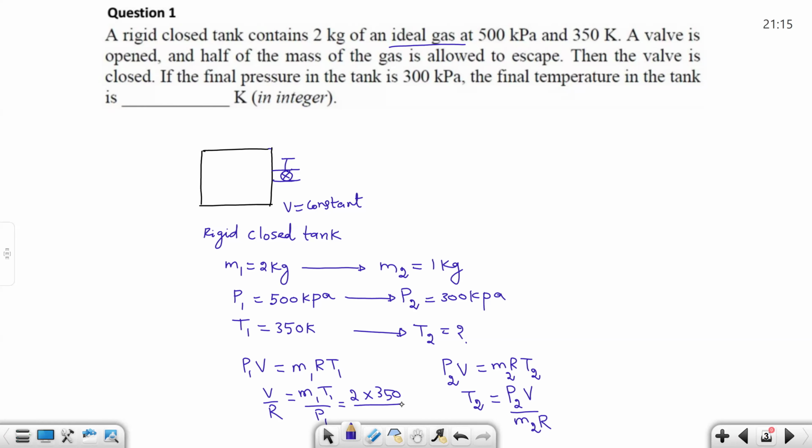P1 must be substituted in Newton per meter squared, so 500 into 10 power 3 Pascal. Pascal is Newton per meter squared, so that you get a proper unit.